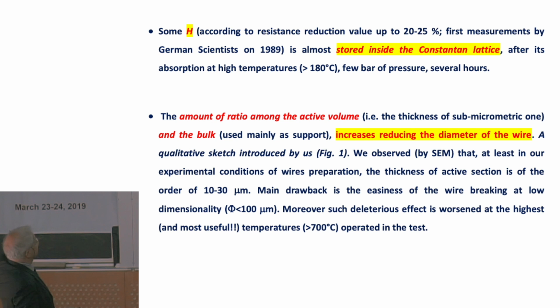Another point is the amount of loading. It means the amount of hydrogen stored in the sub-micrometric or even nanometric surface of the Constantan depends inversely on the diameter and the efficiency of the whole system.